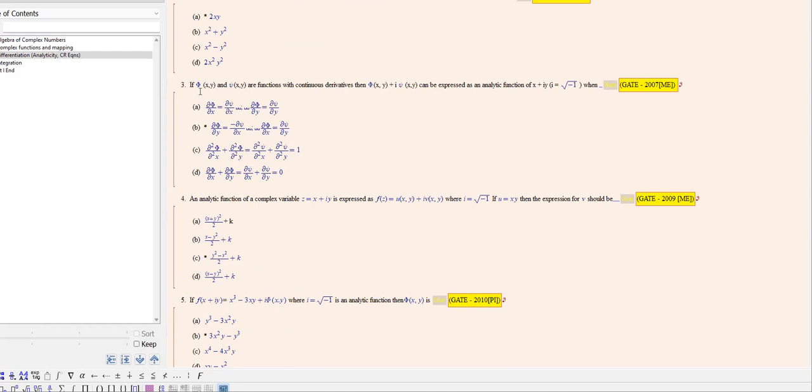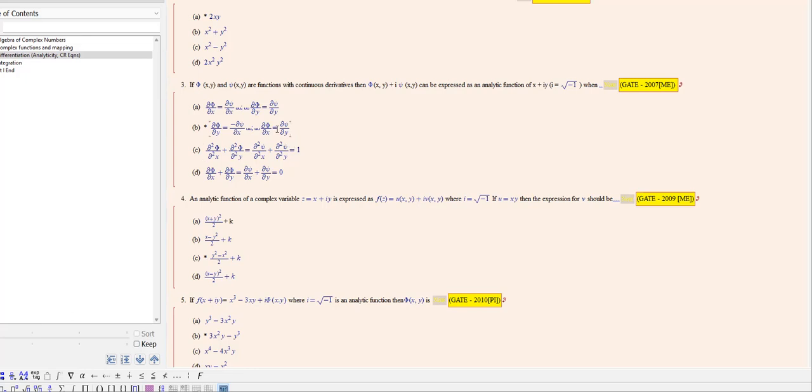Okay, next one. If potential function and stream function are expressed, this can be analytic if the Cauchy-Riemann equations are satisfied. Dou phi by dou y is equal to minus dou psi by dou x, and dou phi by dou x is equal to dou psi by dou y.